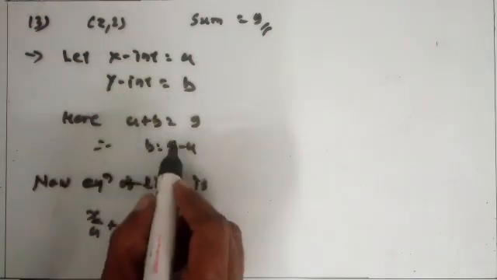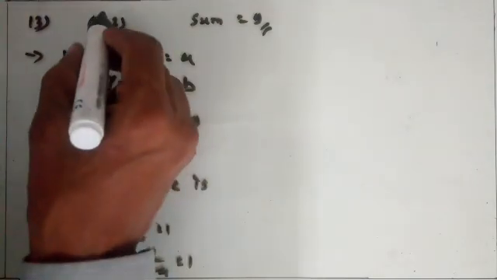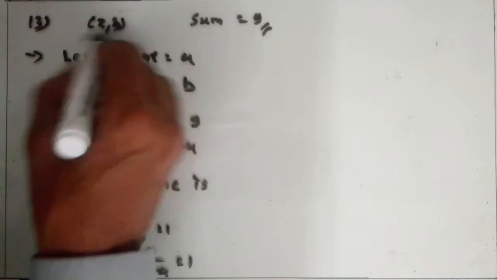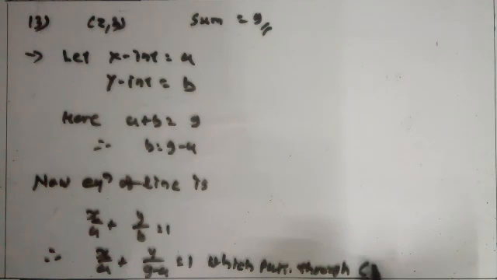Now, B is equal to 9 minus A. Therefore, x upon A plus y upon 9 minus A is equal to 1, which passes through the given point. So, replace x by 2 and y by 3.